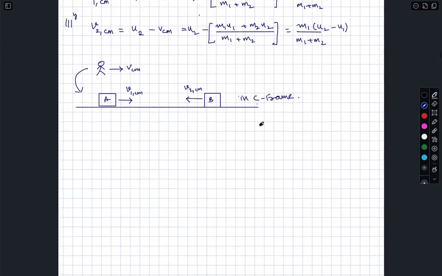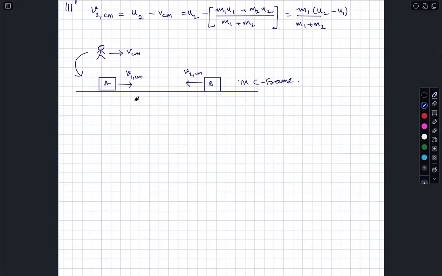Now, what is the kinetic energy of this system? Kinetic energy in C frame is equal to half m1 v1 cm square plus half m2 v2 cm square.